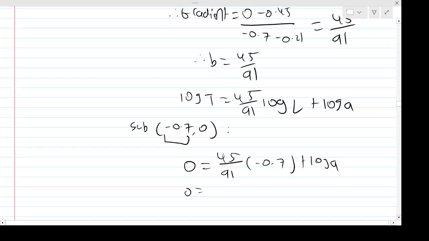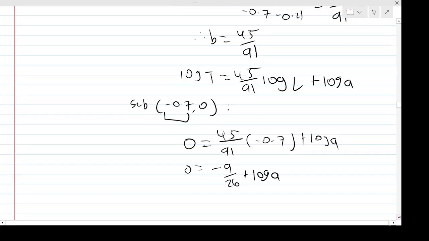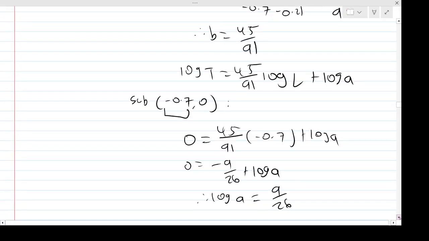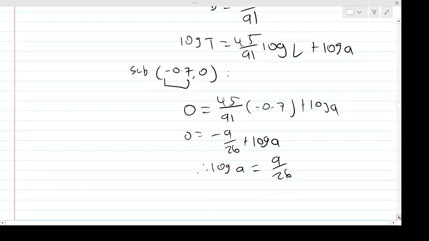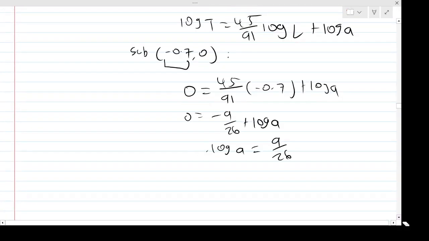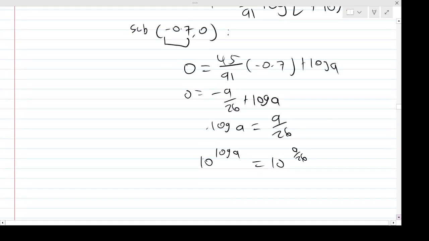Then I can simply solve for log A. 45 over 91 times minus 0.7 is minus 9 over 26, add log A, so 0 equals minus 9 over 26 add log A, and so log A is 9 over 26. To find A, it's log base 10, so I can raise everything to the power 10. So 10 to the log A is 10 to the 9 over 26. The 10 and the log cancel, so A is 10 to the 9 over 26.